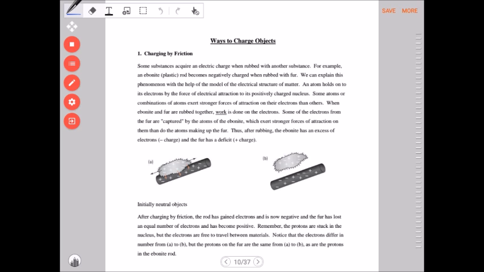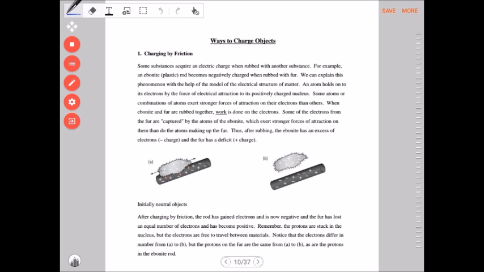When ebonite and fur are rubbed together, work is done on the electrons. Some of the electrons from the fur are captured by the atoms in the ebonite. The ebonite attracts the electrons in the fur, which exerts stronger forces of attraction on those electrons than do the atoms making up the fur.